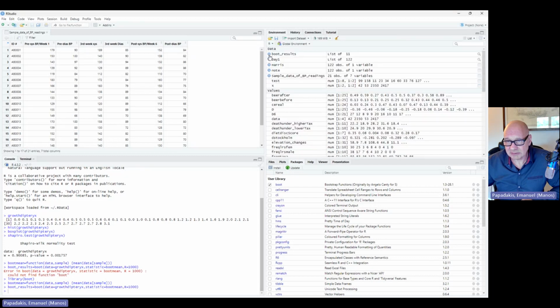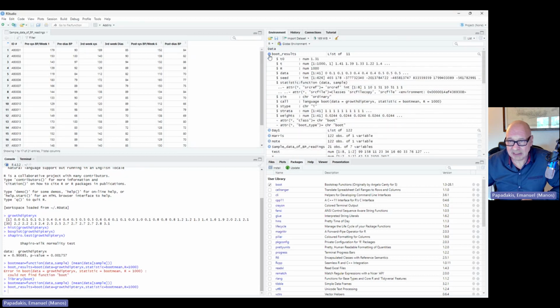I need the environment. Here you see the boot results. They come in the form of a data frame. And you're interested in this. I did 1,000 observations, and those averages for each of the 1,000 samples I have generated with this random process are collected here, basically in this particular variable.